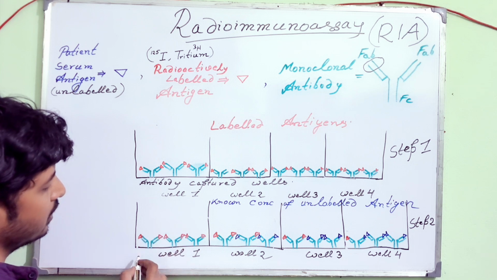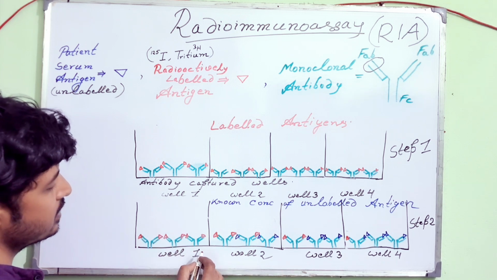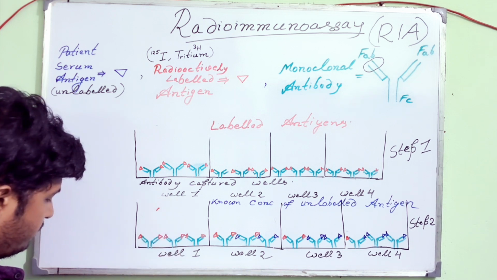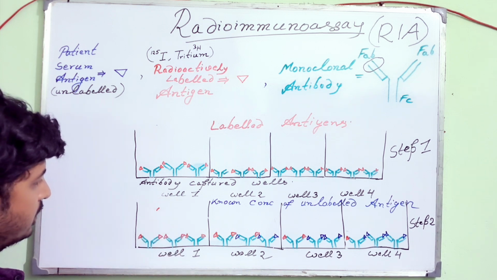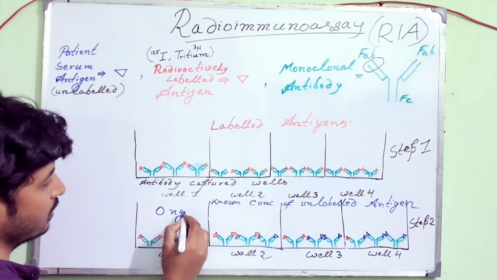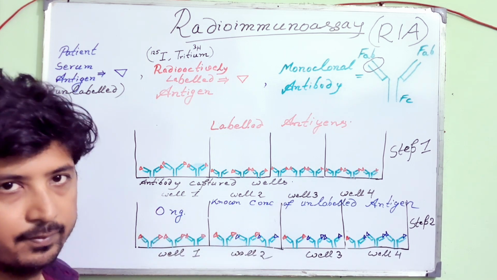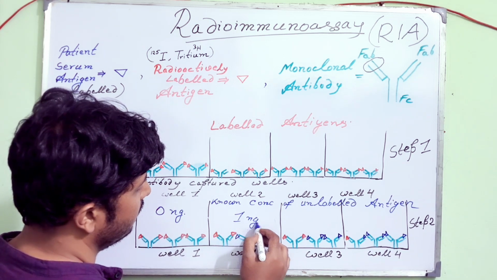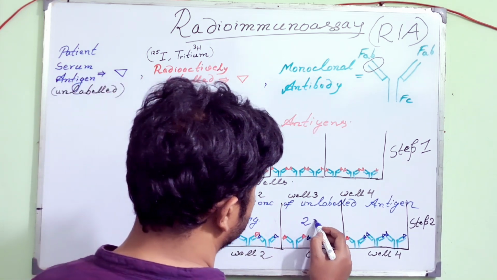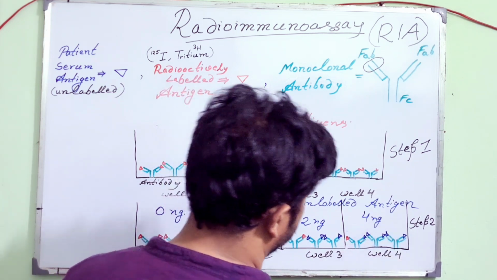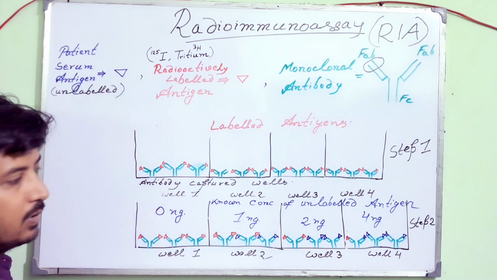Here none of the antigen is given, so suppose 0 nanogram of original antigen or the unlabeled antigen. Here I have given 1 nanogram of unlabeled antigen. Here 2 nanogram of unlabeled antigen. Here 4 nanogram of unlabeled antigens I have given.